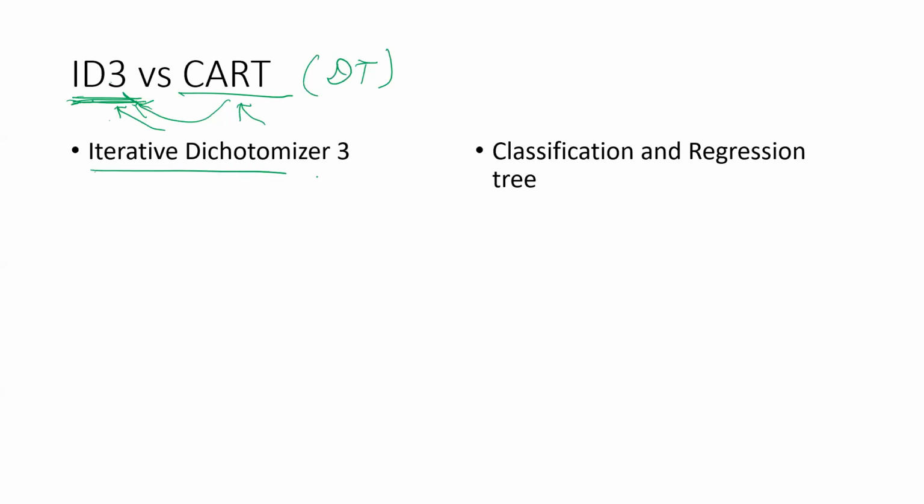So there was some restriction in ID3. What was that? ID3 makes use of only entropy. But this restriction was dropped, and we have different measures as well, gain index or entropy. We can use either in the CART algorithm. Another assumption made in ID3 was that every feature was categorical.